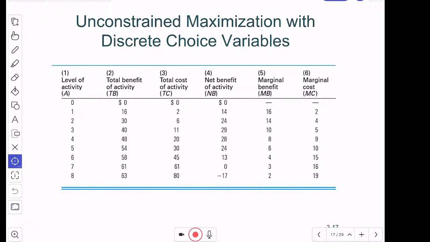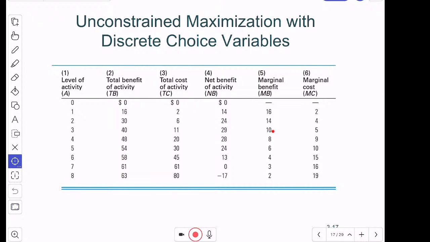So then there's these tables for discrete choices, and you have to use the same principle. So what's the principle? We keep going as long as marginal benefit is greater than marginal cost. So we compare this and this, we keep going, and then the marginal benefit stops exceeding it, right?